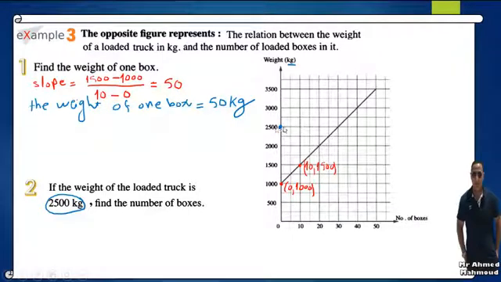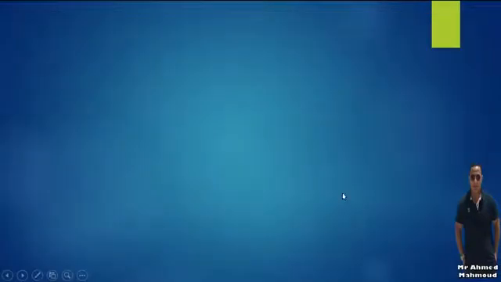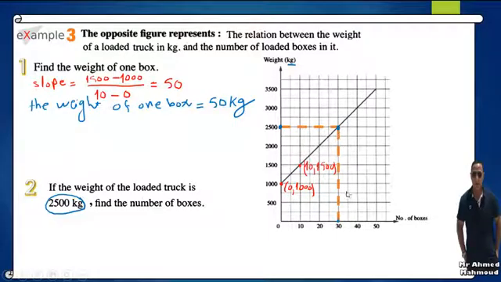Now I'm going to look for the number of boxes from the graph. I connect from 2500 to the line, and go down from this point to the x-axis. This represents the number of boxes. Here we have 2500, and it represents 30 boxes.